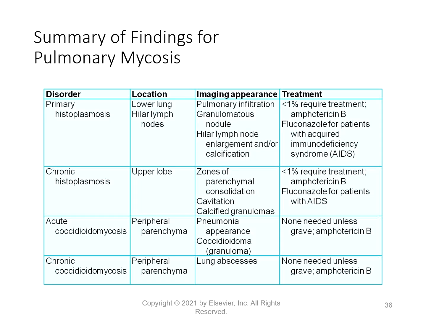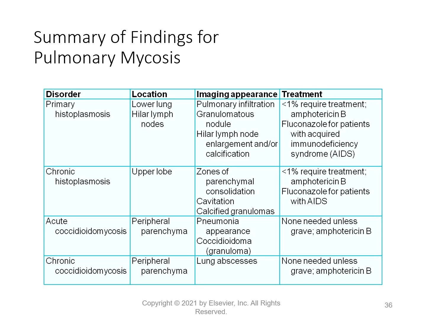If you have acute coccidioidomycosis, this is typically going to affect the peripheral parenchyma first, and it's going to have more of a pneumonia type appearance with the possibility of some granulomatous disease appearance. Usually they're not going to treat this unless you're immune compromised and they think that you're not going to clear it on your own.